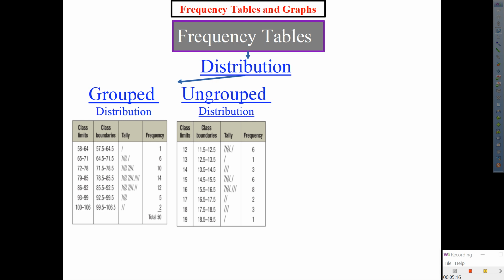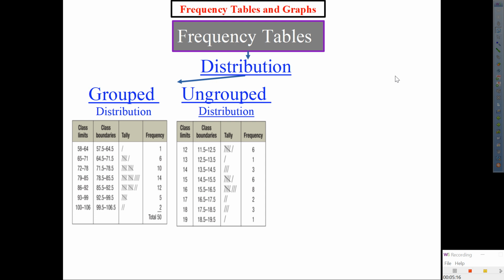But we're going to pick, who went last? Oh, Vince, pass the mic. Jet. So what's the difference between the grouped distribution frequency table and the ungrouped?